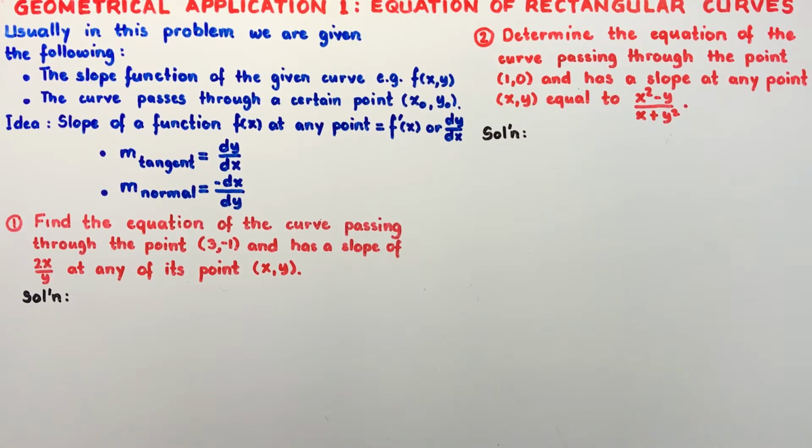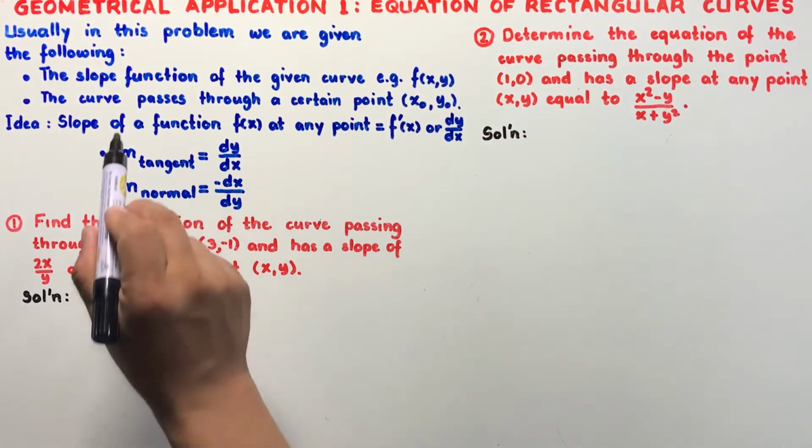our discussion. And one of the very common problems in mathematics is to determine the equation of a plane curve. Usually, in this problem, we are given the slope function of the given curve, that is f of x and y.